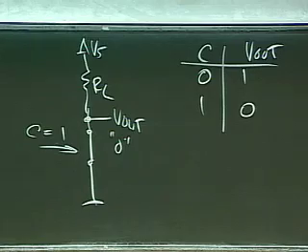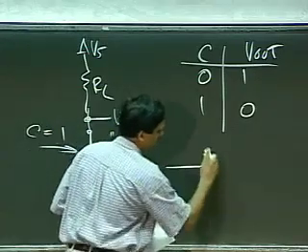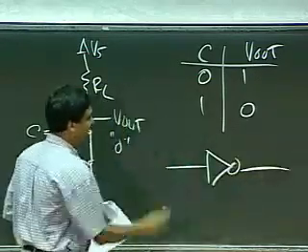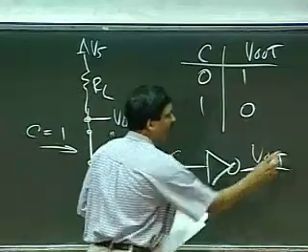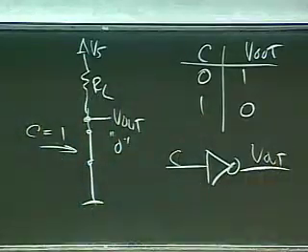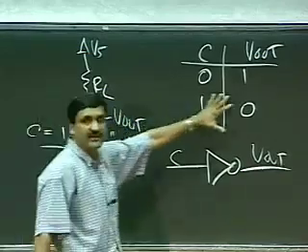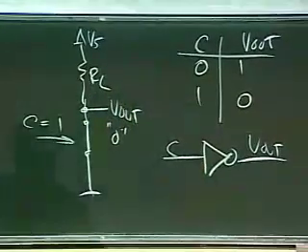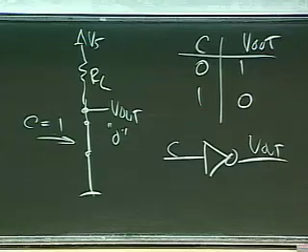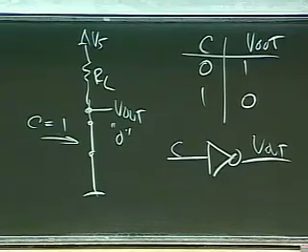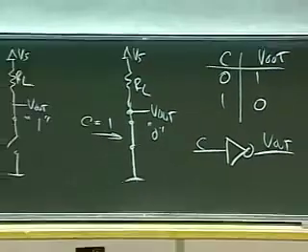So that's a little inverter. That's the exact behavior of our inverter. This thing that I've written here is a truth table for an inverter. So notice, with just a simple little switch and a resistor, I have managed to build an inverter.